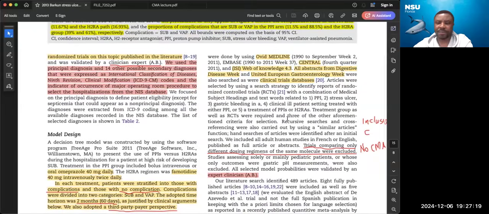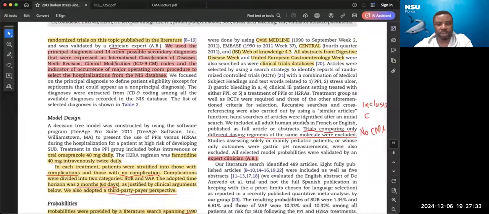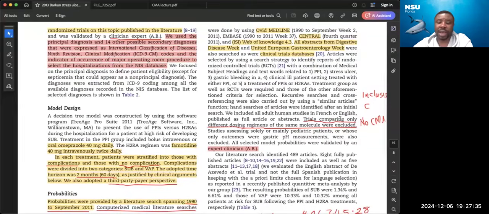And here they did the inclusion criteria, the inclusion and then the exclusion criteria. If you fall within this, then probably you'll be able to participate in the studies. If not, you are out. And this is another way to tell you that they are not really doing the cost minimization analysis.